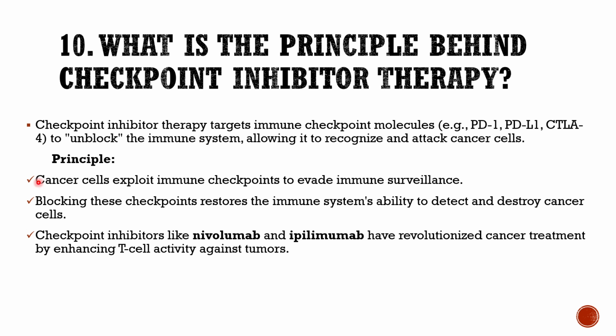Here, as I have mentioned, the immune checkpoints are occupied by tumor cells, and then tumor cells pretend to be a normal one. Blocking these checkpoints restores the immune system's ability to detect and destroy cancer cells.